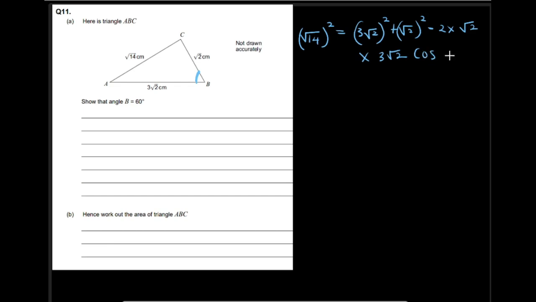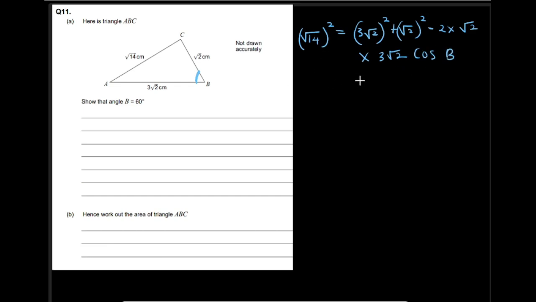So root 14 all squared equals the sum of squares of the remaining two sides, which is 3 root 2 all squared plus root 2 squared, minus 2 times root 2 times 3 root 2 cos B.